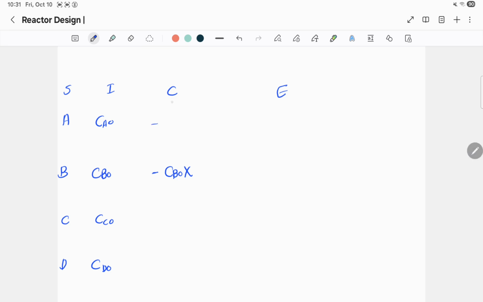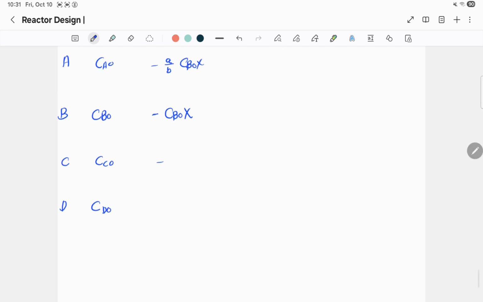We'll do the same thing for A, but in this term we'll times it by the stoichiometric coefficient. For C and D, it'll be plus because it's a product being produced. Let me times it by the stoichiometric coefficient plus C over B.